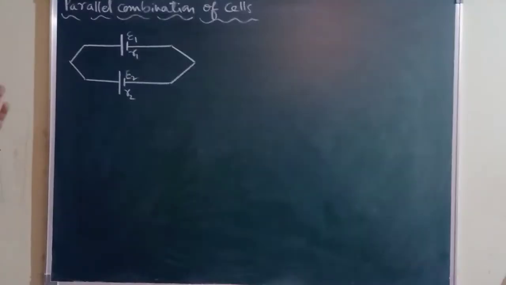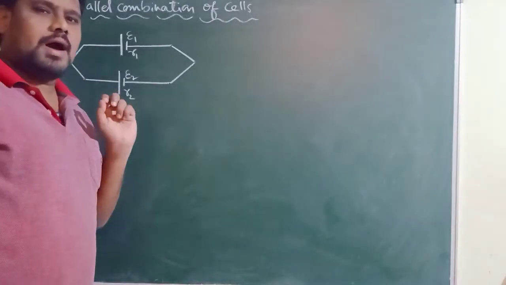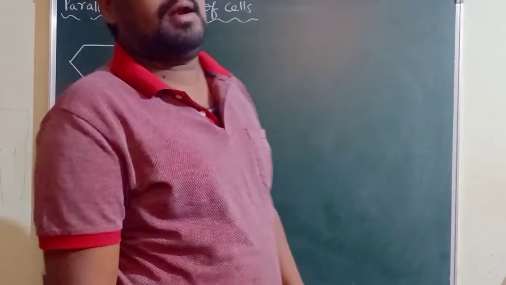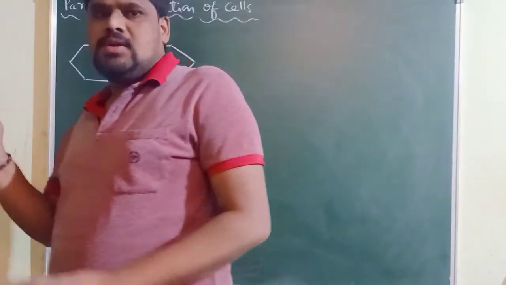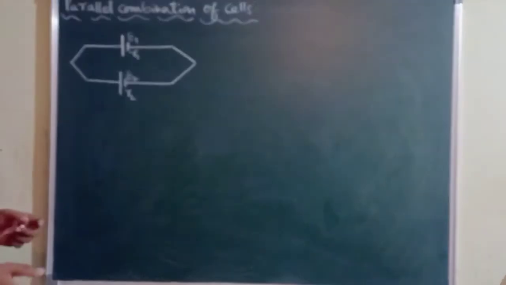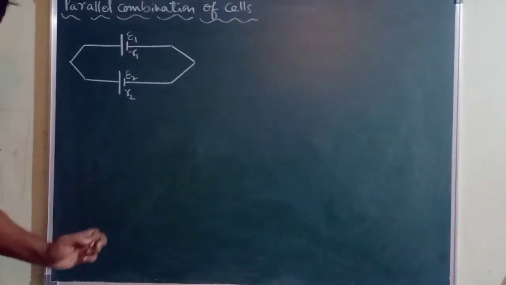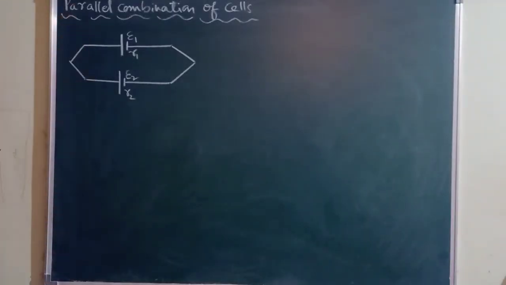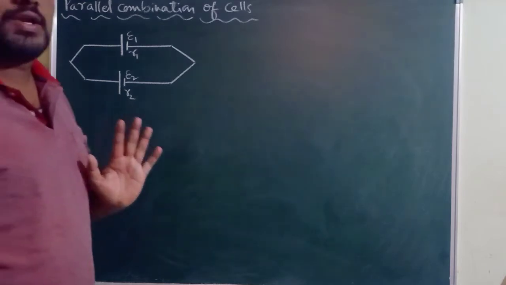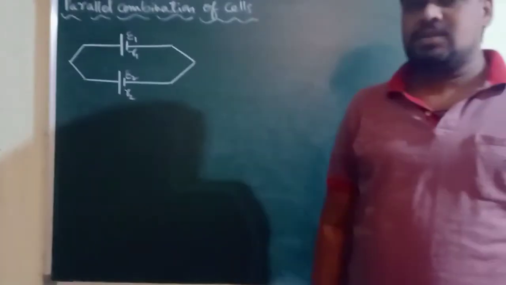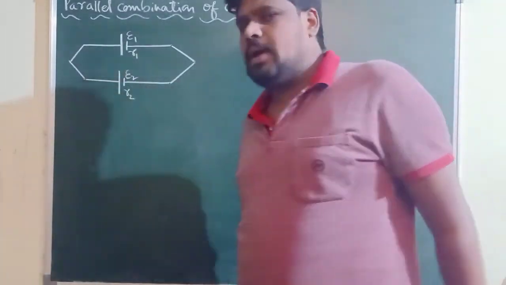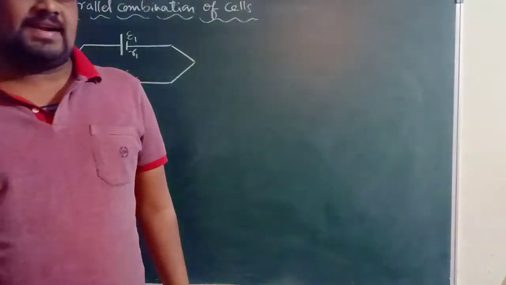When a number of cells are connected in parallel, if you measure the terminal potential difference of the cells, all the cells are going to have the same terminal potential difference. Concentrate on the sentence here.